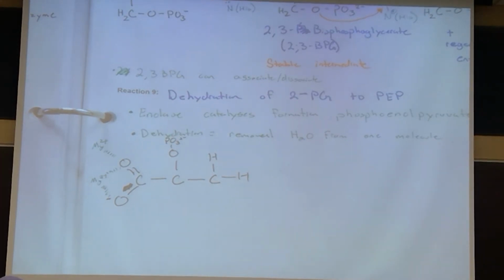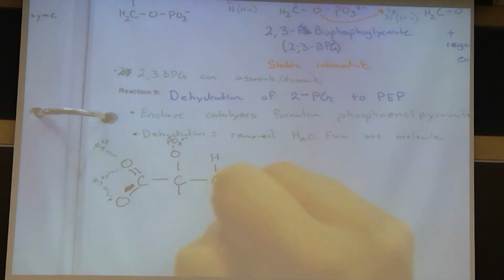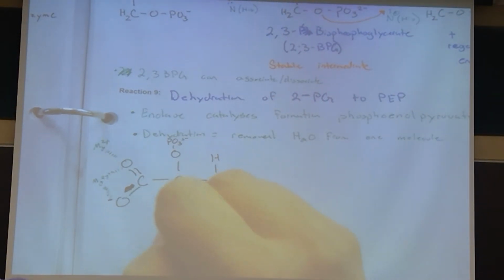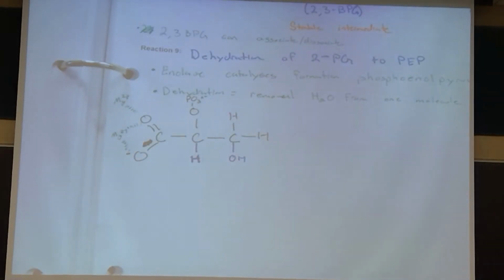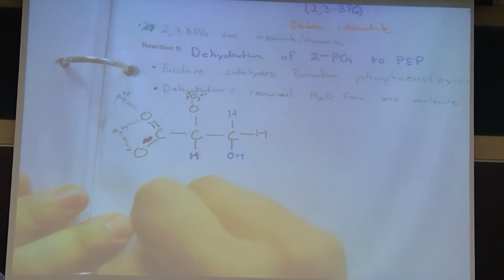Oh, this is not 2-PG. This is drawn in blue because blue is water. These are the hydrogen and the hydroxyl group that we're going to be losing through dehydration. This reaction is primed by an active site lysine, acting as the general base, subtracting a proton.